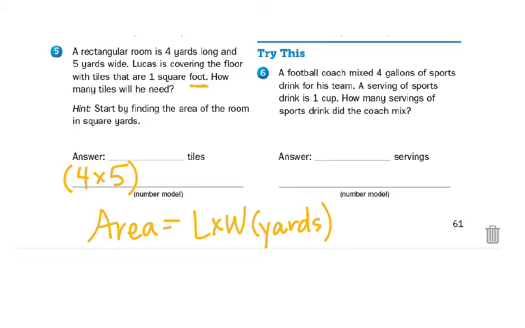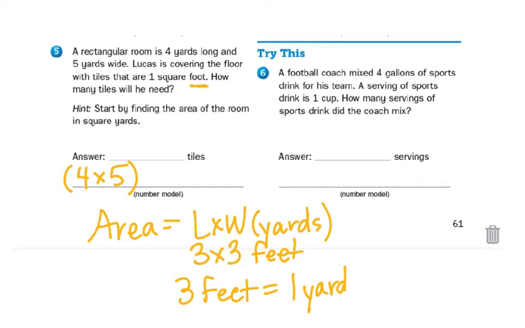So what I have to do is convert this to feet. In order to convert that to feet, I need to know that there are 3 feet in 1 yard. So I would have to take 3 times 3 to convert that to feet. 3 times 3 is 9. So I'm going to multiply this all by 9.